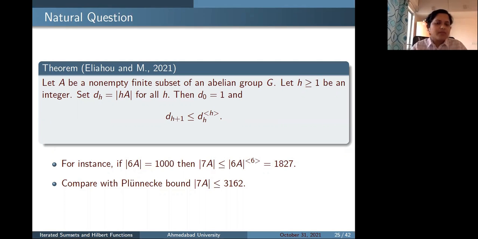And to give a nice example, if I consider any set A with cardinality of A to be 1000, then this result will give you an upper bound of 1827, whereas the Plunnecke bound will give a much larger value, that is 3162.